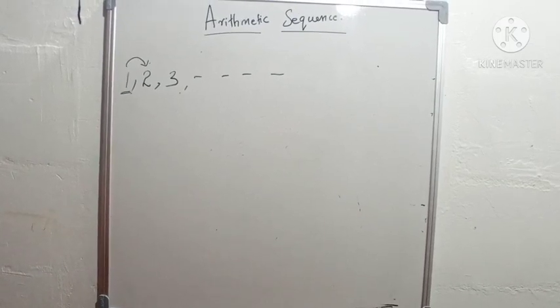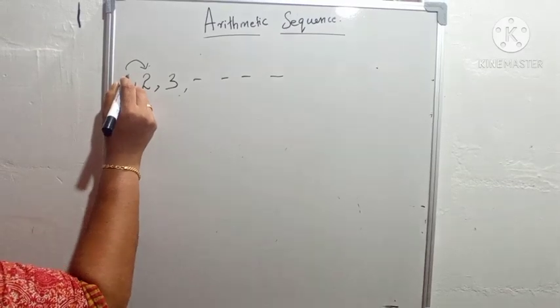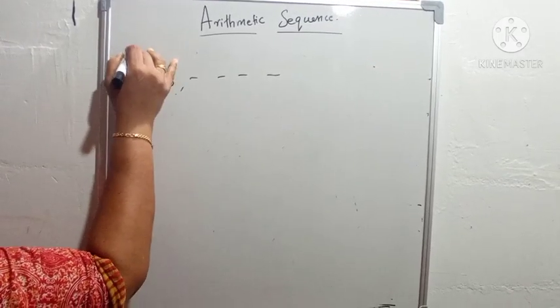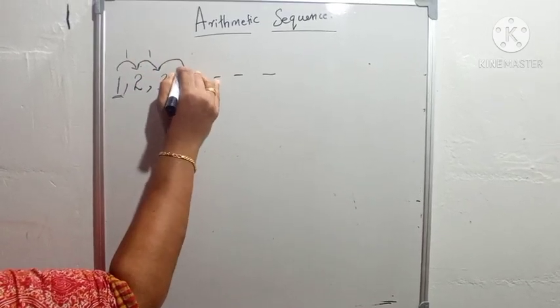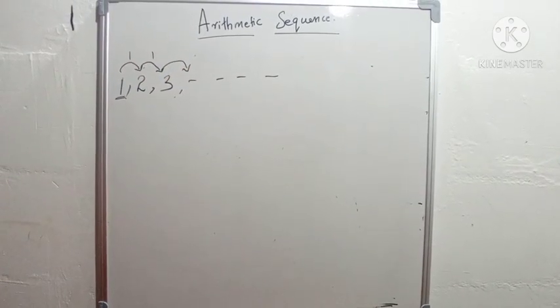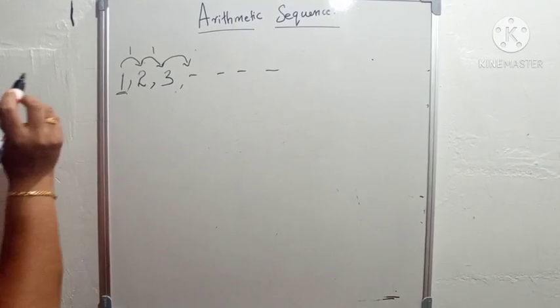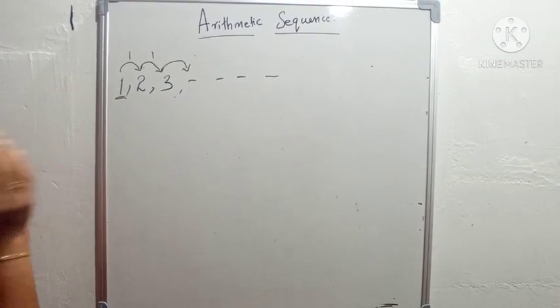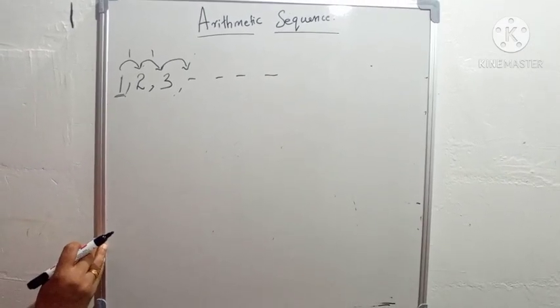That is, starting with 1 and adding 1 repeatedly, we get the sequence of natural numbers. So this sequence of natural numbers is an example of an arithmetic sequence.